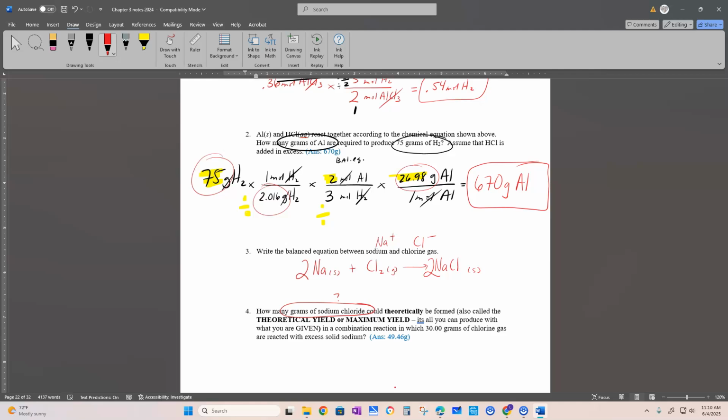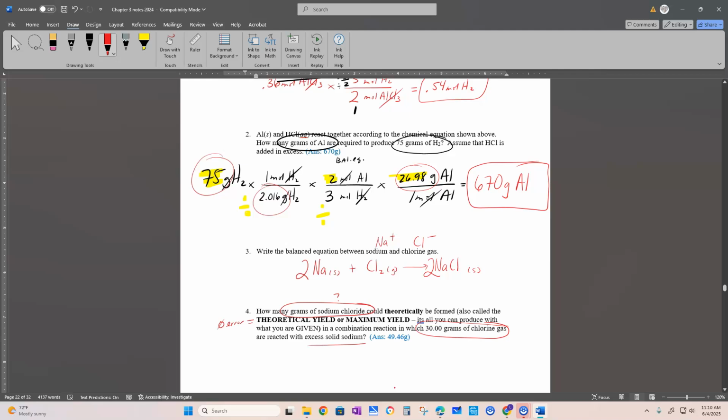can be formed theoretically? So the last video, we're going to talk about theoretical versus actual. Theoretical, which means you have 0 error in the lab. 0 errors. You were perfect from beginning to end. All that can be produced is what was given in a combination reaction in which 30 grams of chlorine react with excess sodium.